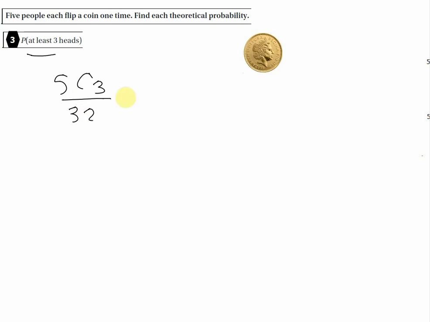And I want to add the probability of getting exactly 4 heads, which is 5C4 over 32, plus the probability of getting exactly 5 heads, which is 5C5 over 32.